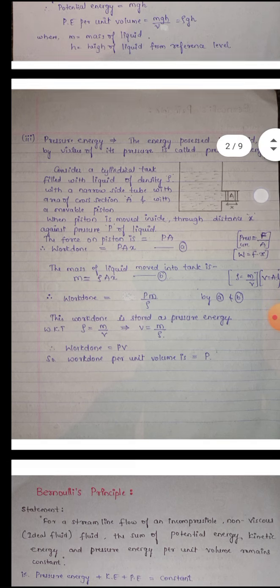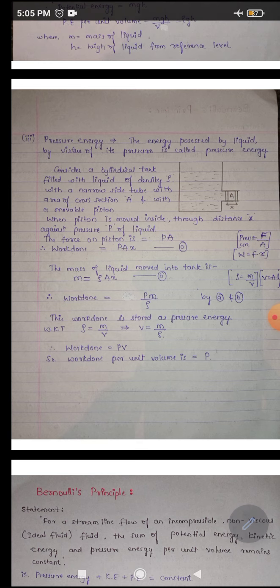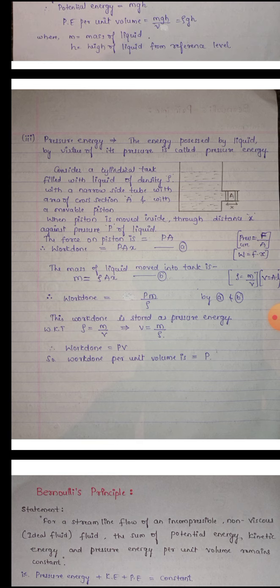This cylindrical tank has a narrow side tube which has the area of cross section A, and it also has a movable piston.